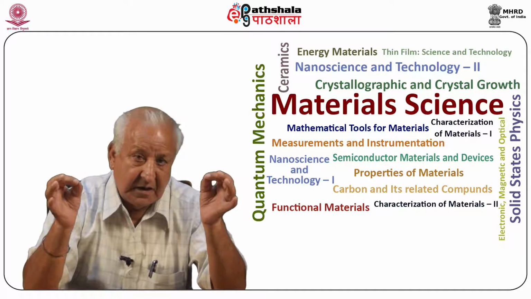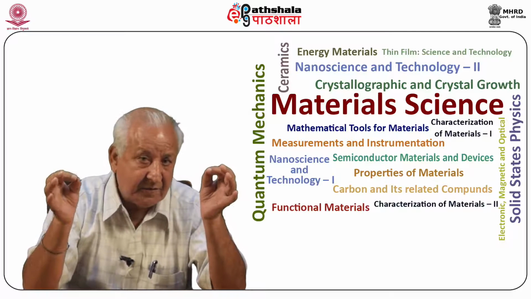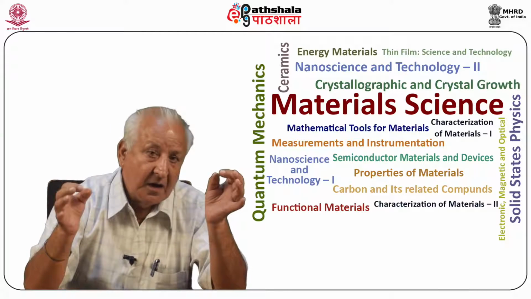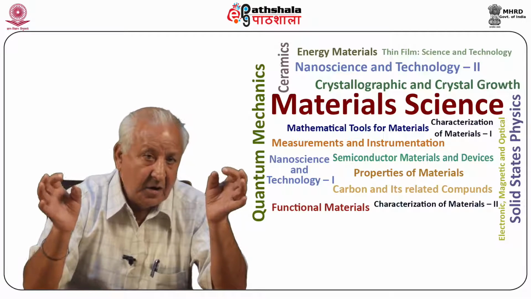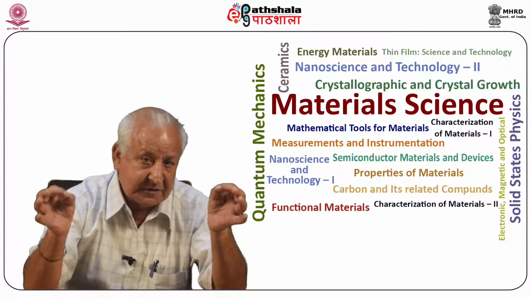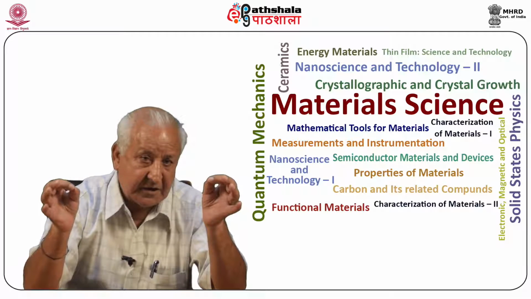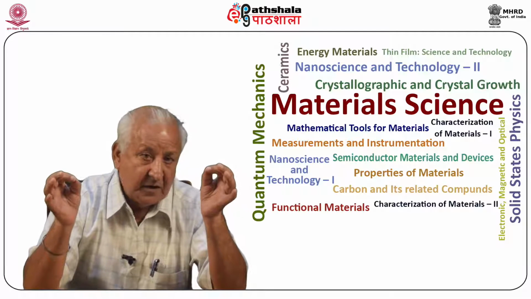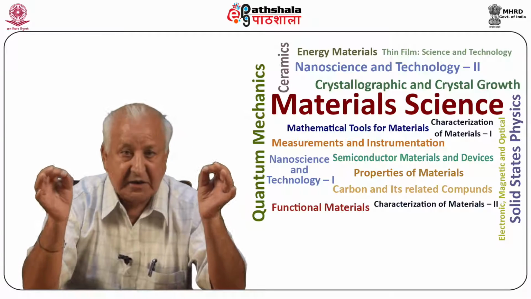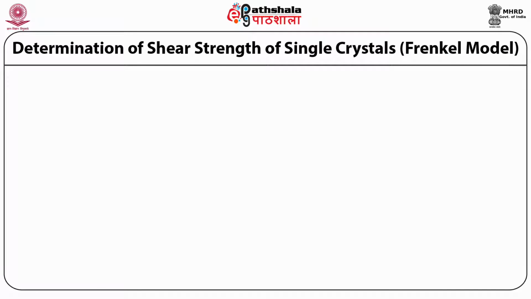Hardness is defined as a measure of resistance to deformation. The atomic interpretation of plastic flow of crystals requires the introduction of a new type of lattice defect, namely dislocation. Determination of shear strength of single crystals is known as the Frankel model.